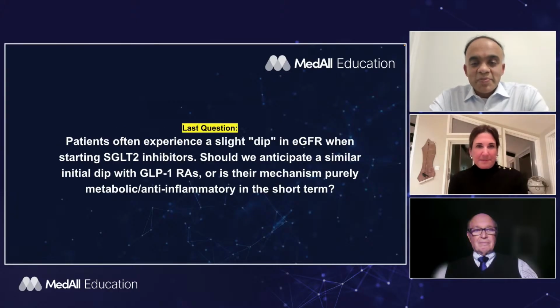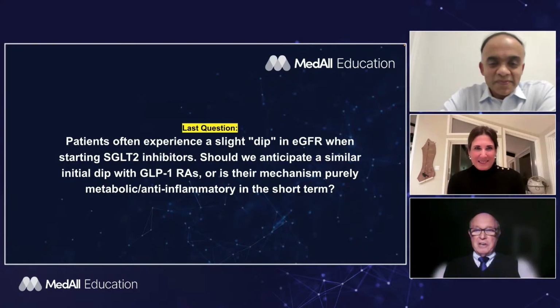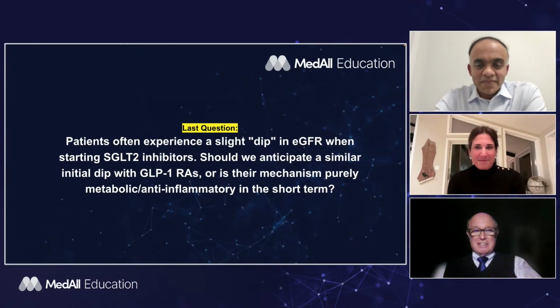Patients often experience a slight dip in eGFR when starting SGLT2 inhibitors. Should we anticipate a similar initial dip with GLP-1 RAs, or is their mechanism purely metabolic and anti-inflammatory in the short term? Robert, do you want to tackle this? So I think with the hemodynamic changes of SGLT2 and even with finerenone, you might see that dip.